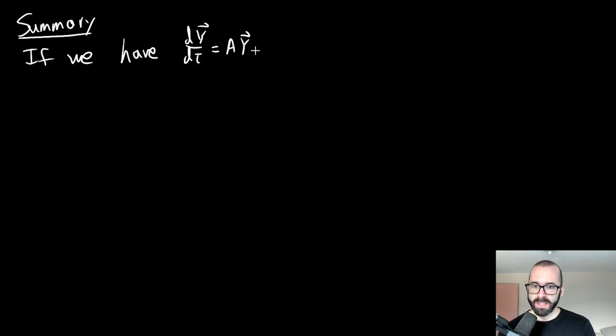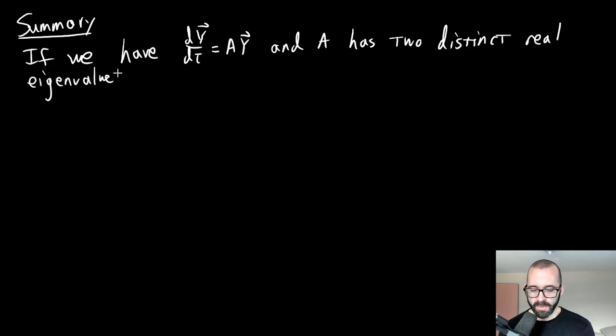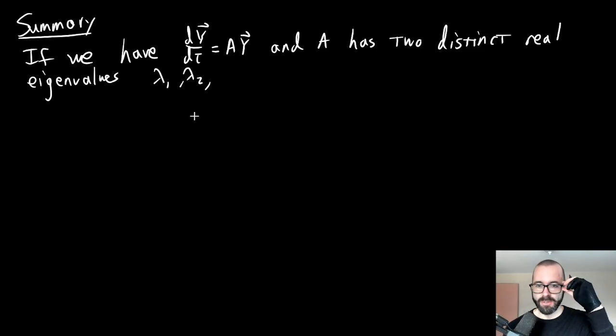If we're in this specific subset of systems of differential equations, and A has 2 distinct real eigenvalues, lambda 1 and lambda 2, we're going to be able to say some things. And remember, what happens if we don't have 2 distinct real eigenvalues? We'll talk about that later. In the next section, we talk about complex eigenvalues. Section after that, repeated real eigenvalues.